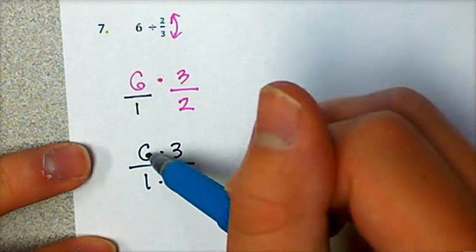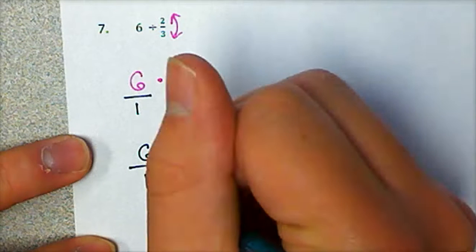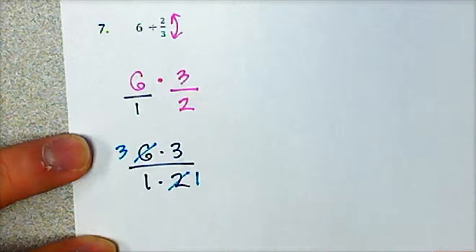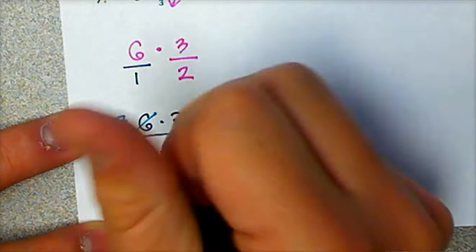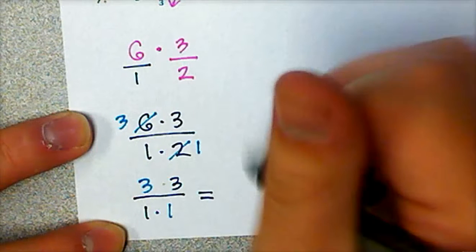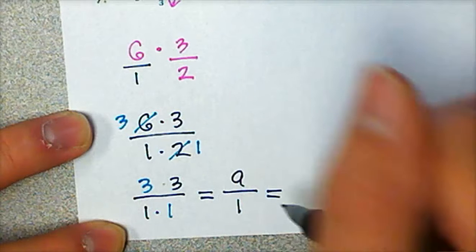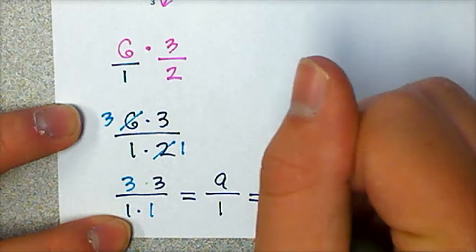I have a 6 on the top and a 2 on the bottom. 6 and 2 are both divisible by 2. So if I divide each of those by 2, I get a 3 and a 1 in their place. So now this becomes 3 times 3 over 1 times 1. 3 times 3 is 9. 1 times 1 is 1. So I get the improper fraction 9/1, which is just 9.